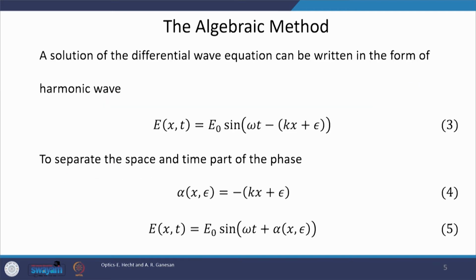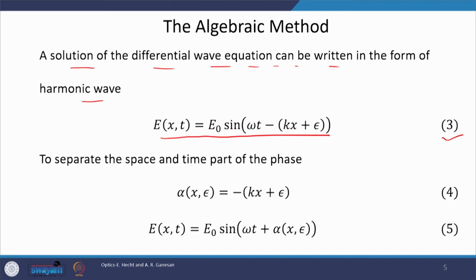Now, in the algebraic method, we will start with the solution of the wave equation, which is represented by equation number 1, which was there in our previous slide. A solution of the differential wave equation can be written in the following form, okay, and this form is given by equation number 3, which is E, a function of x and t, equal to E naught sin(omega t minus (k x plus epsilon)), okay.